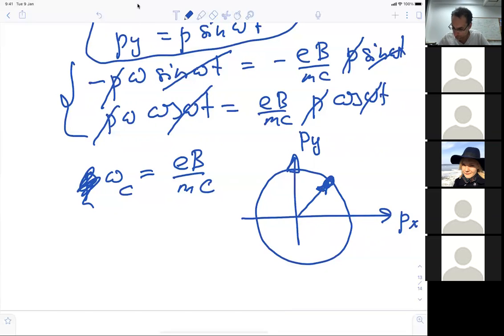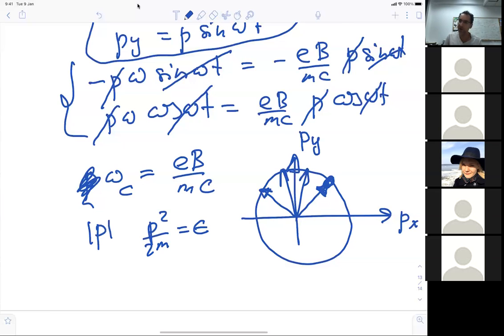It points in some direction, and this direction changes all the time. So that's what the momentum does. The absolute value of the momentum is fixed because p squared over 2m is equal to energy, and this is fixed.